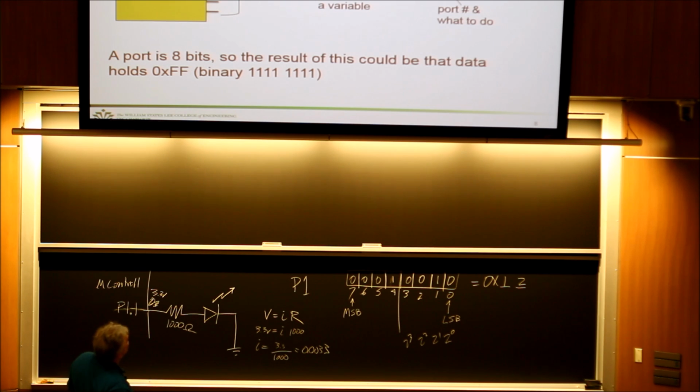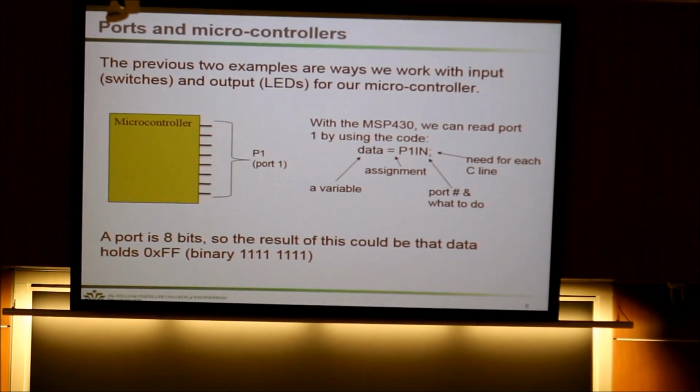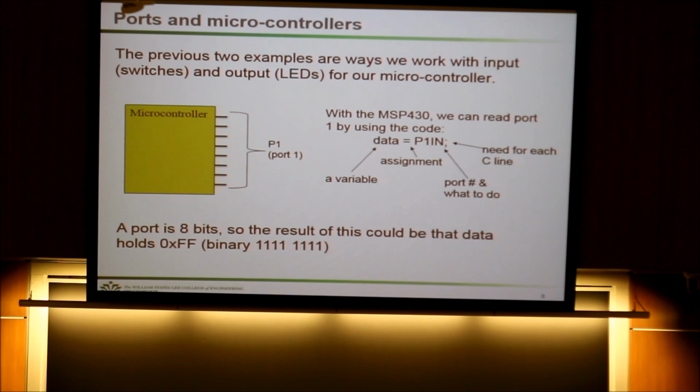So let's take a look at that. All we're going to be doing is reading port 1. And all you have to do is say P1, meaning port 1, in. So that means you're going to read whatever is connected to port 1. And then you're going to stuff it in a variable. Remember, the single equal sign is an assignment.